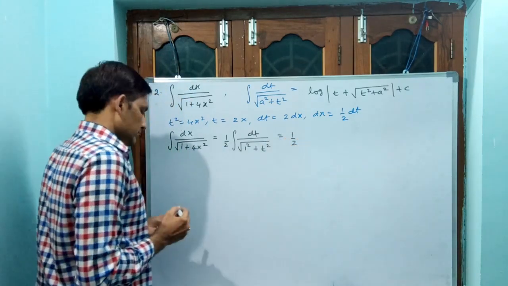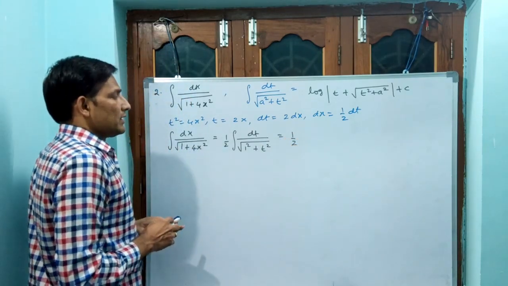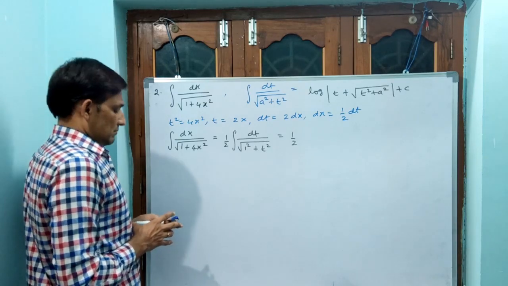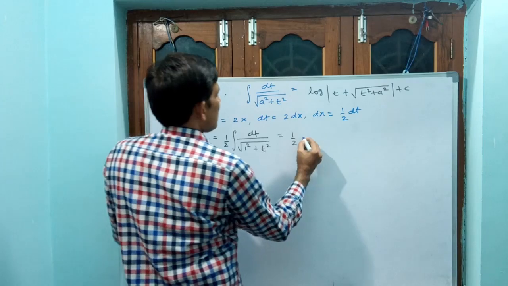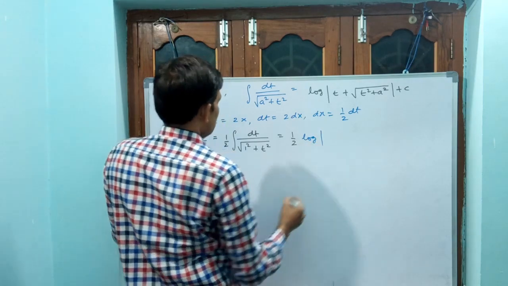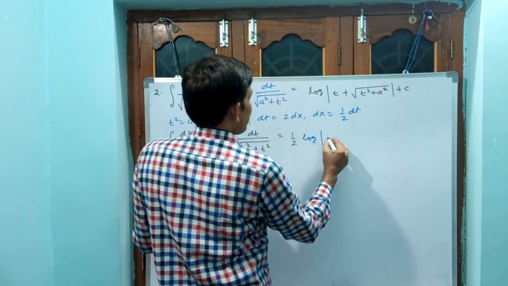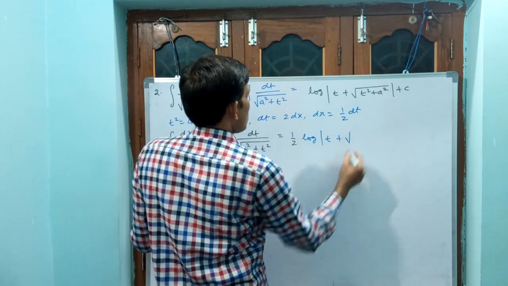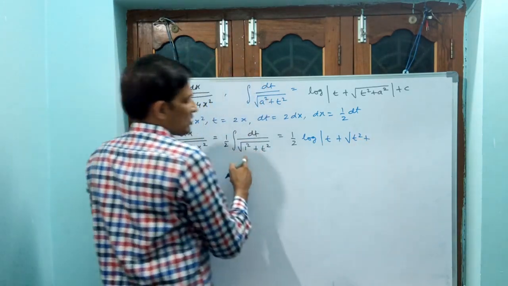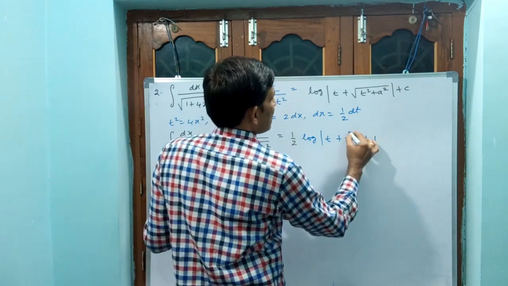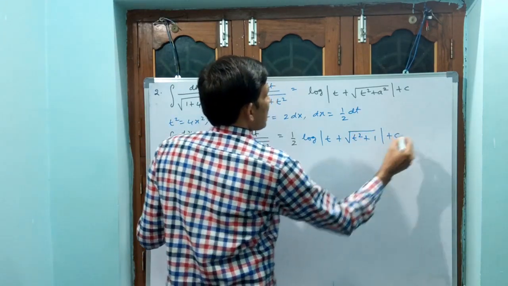Then this is log of t plus square root of t square plus a square, a square means 1, plus c.